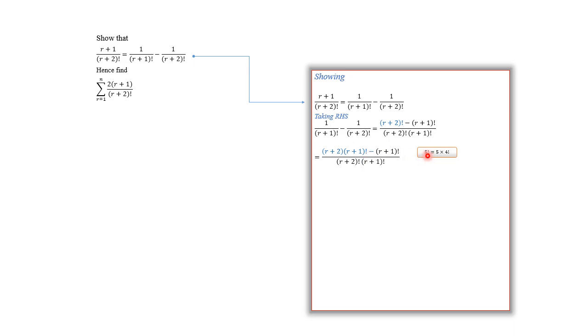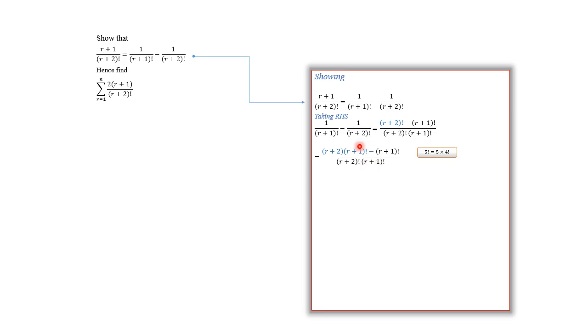Let's look at how it goes. 5 factorial is equal to 5 times 4 factorial. So that's a similar thing here. For (r + 2)!, we just subtract 1, so it becomes (r + 1). So we are going to have (r + 2) times (r + 1)! minus (r + 1)!, all over (r + 2)! times (r + 1)!.